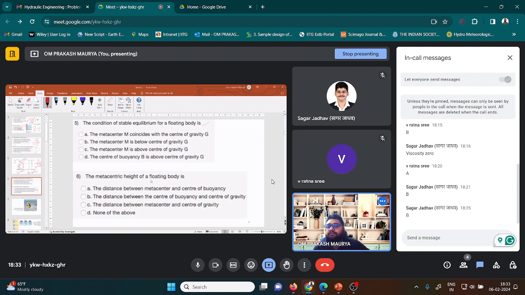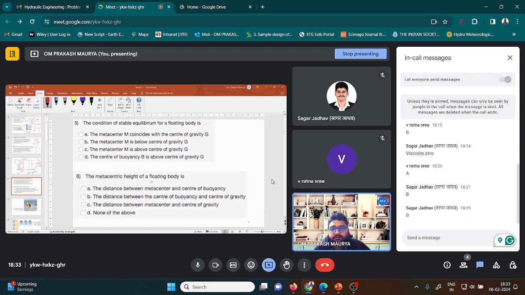For question number 5, the condition of stable equilibrium for a floating body: the body is floating on the water, like you just imagine a ship floating on a water body. In what condition will your body be stable?